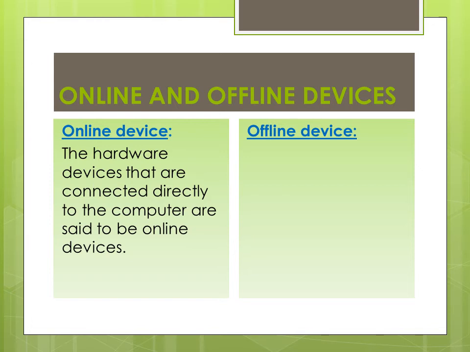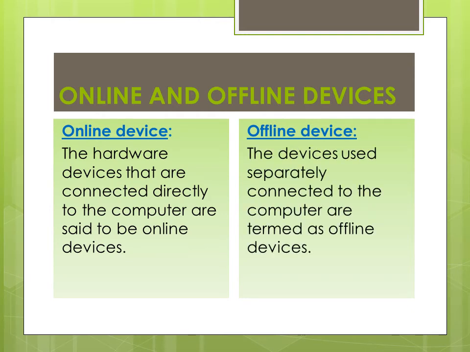Without a keyboard, we can't write. At the same time, devices used separately, not connected directly to the computers, are termed offline devices. These computers are not directly in contact with these offline devices. That's why these are called offline devices. The devices directly connected to the computer are online, and those not directly connected to the computer are offline devices.